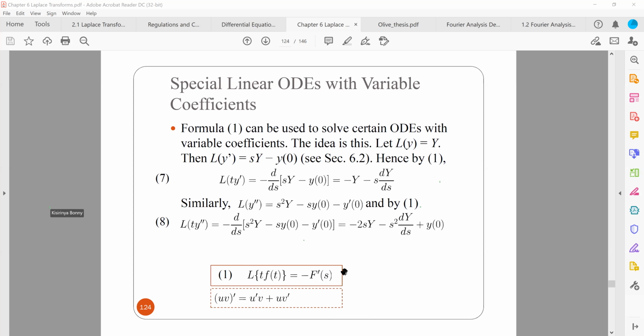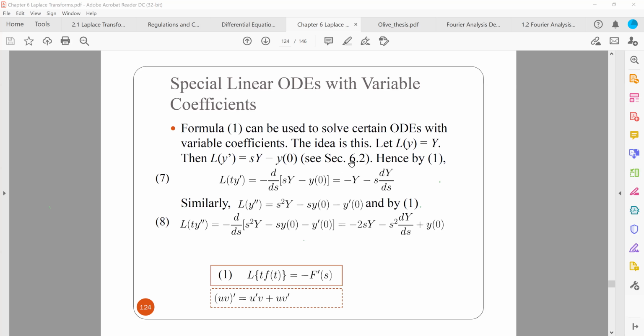Essentially, if you have an equation of this format, so you have t dy/dt, anytime you have this expression, t dy/dt, you know that you can replace it with this. This was from section 6.2, what we looked at sometime last week.